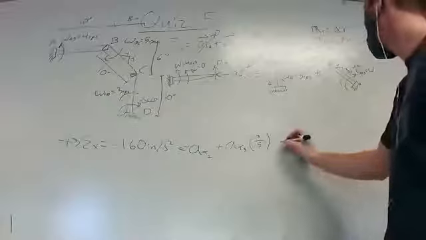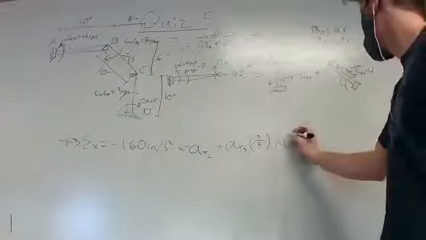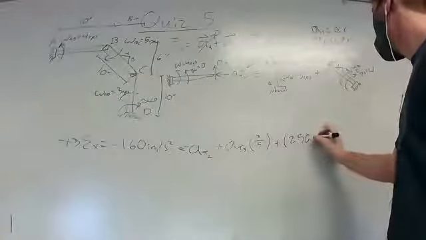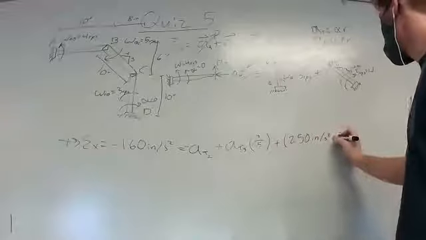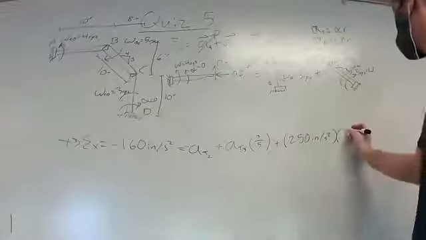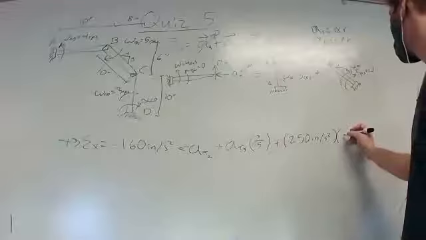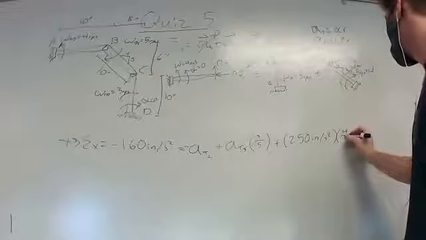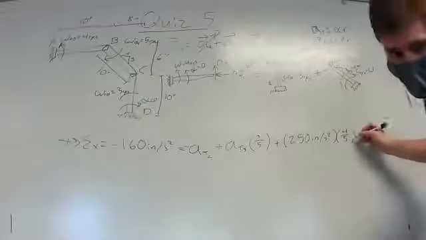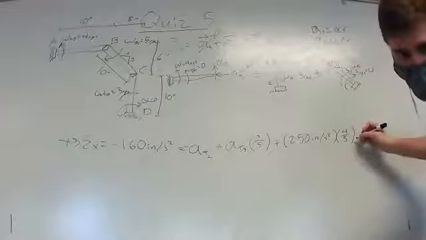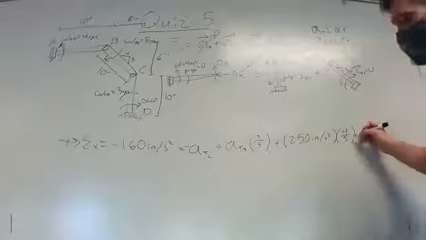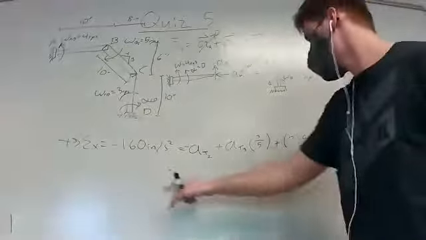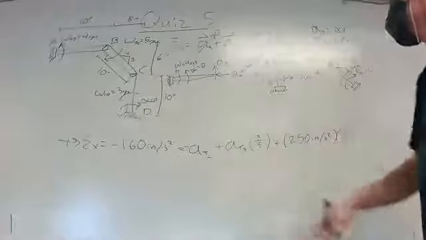And then we have our AN going to the right as well, so that's going to be plus 250 inches per second squared times 4/5. And that is the exact setup we need. So we have our first equation with 2 unknowns, AT2 and AT3.